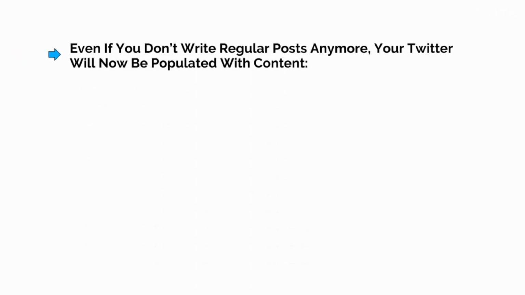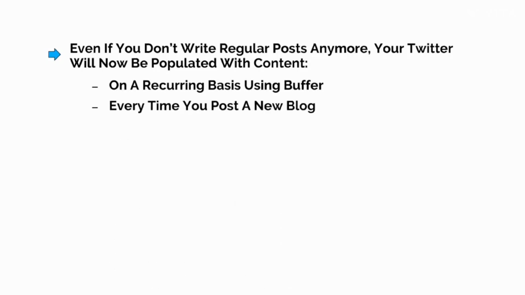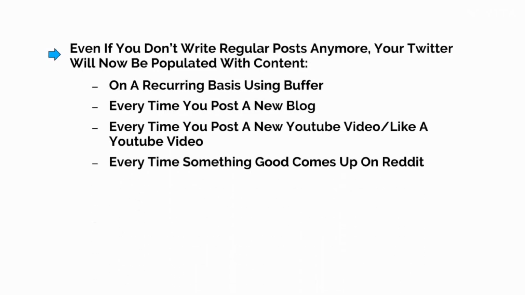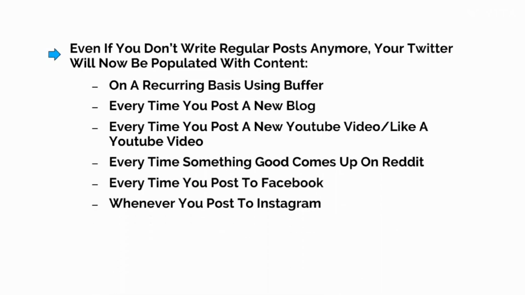Even if you don't write regular posts anymore, your Twitter will now be populated with content on a recurring basis using Buffer, every time you post a new blog, every time you post a new YouTube video or like a YouTube video, every time something good comes up on Reddit, every time you post to Facebook, whenever you post to Instagram. Some marketers will even take this one step further and will have their Twitter accounts respond to comments automatically using bots.